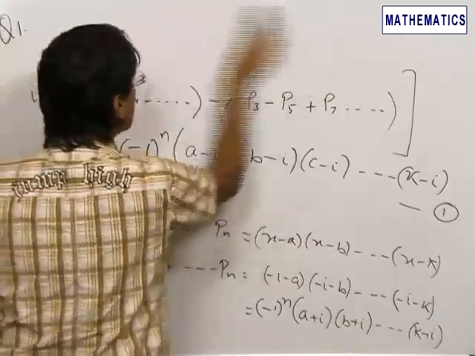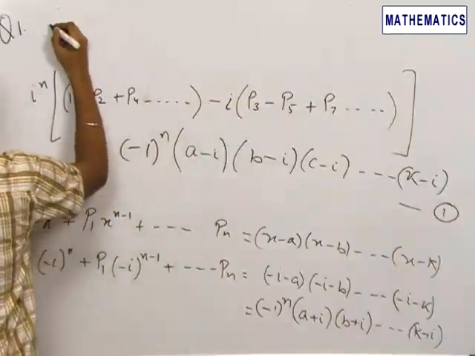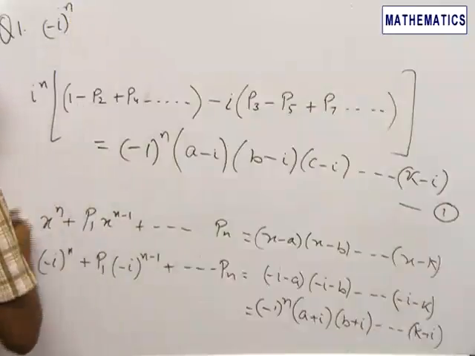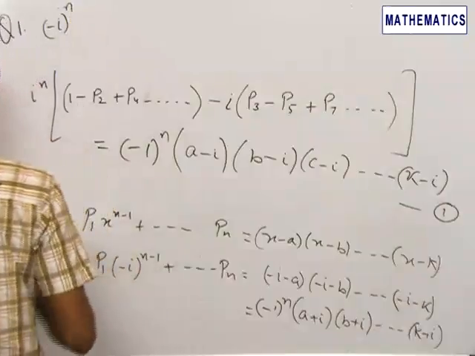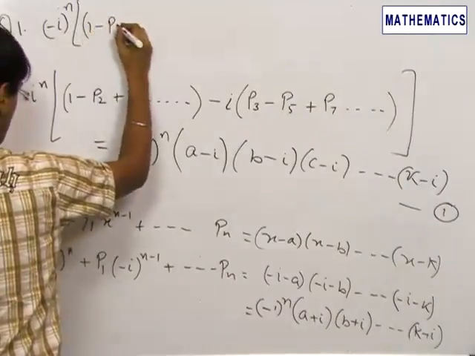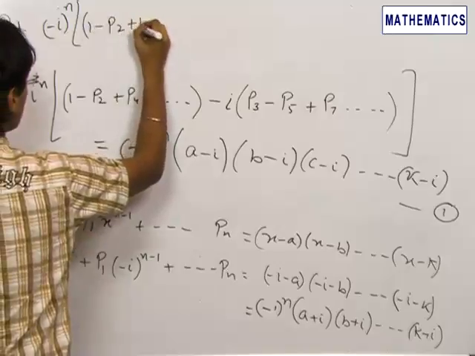Now dealing with the left hand side of this expression, on taking minus iota power n common from all these brackets, we will get minus iota power n into 1 minus p2 plus p4.